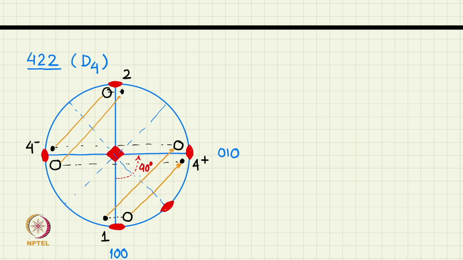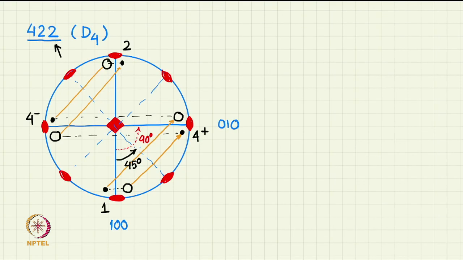So, this is again a surprise twofold, because we did not expect a twofold to appear at 45 degree rotation, because fourfold rotates by 90 degree, but here, because of that fourfold, I am getting another twofold axis at 45 degree. To express that surprise, we put the additional 2 there, unlike in 3 2 where we had only one 2, and of course, in the 45 degree other direction also you have the twofold.